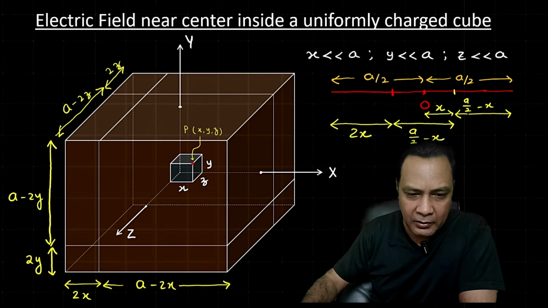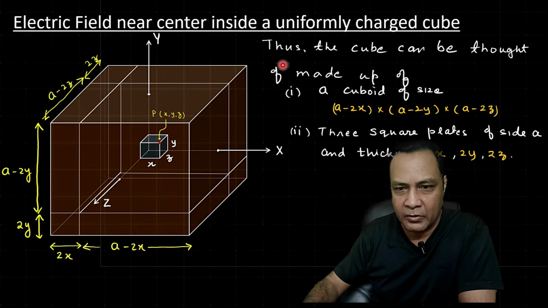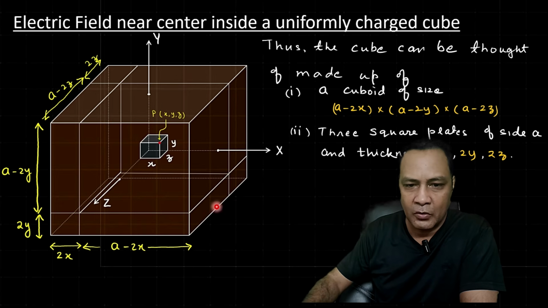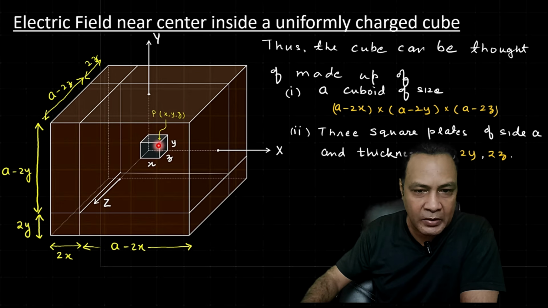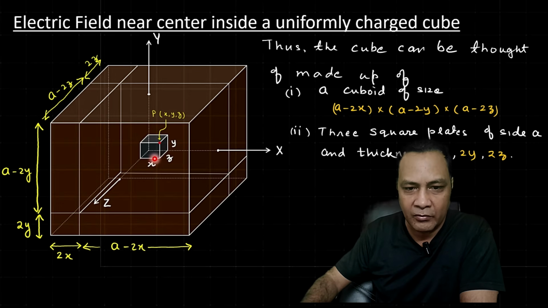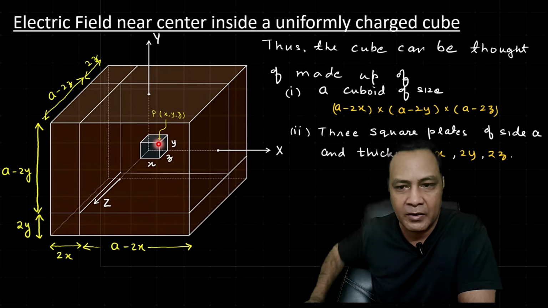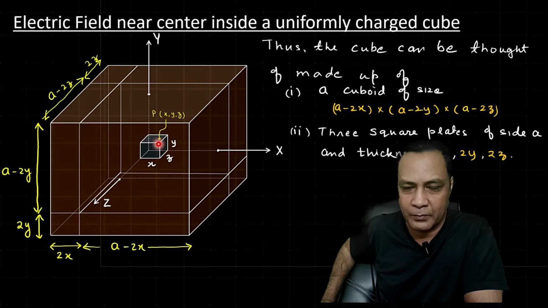So now let's go to the next page and let me repeat what I have told. I told you that the cube can be thought of as made of a cuboid of size a minus 2x into a minus 2y and a minus 2z, and this point P, here I want to find the electric field, is exactly at the center of that cuboid.